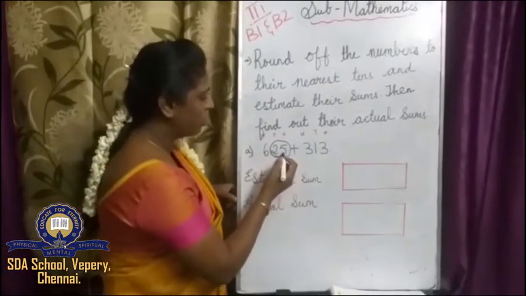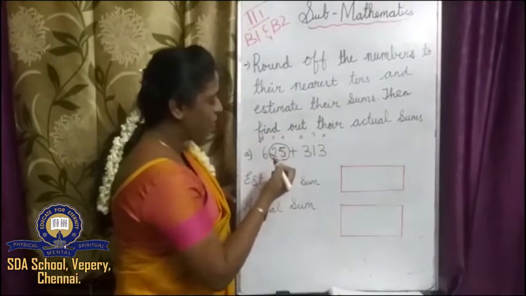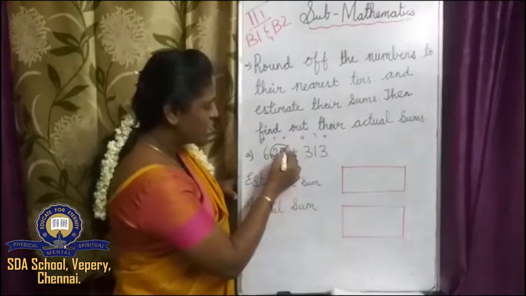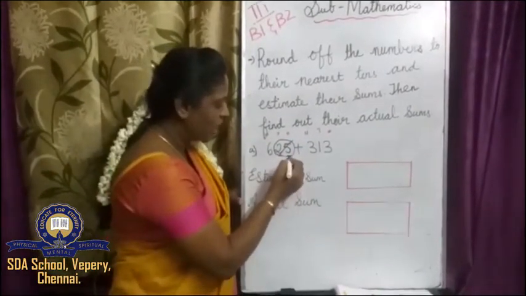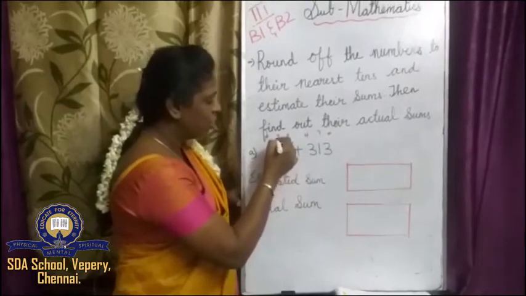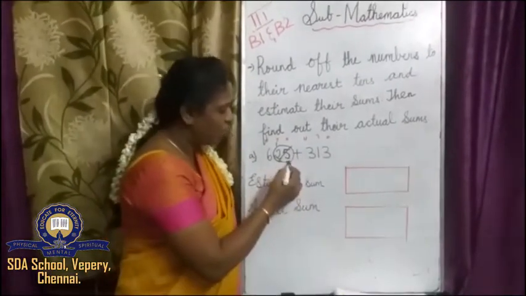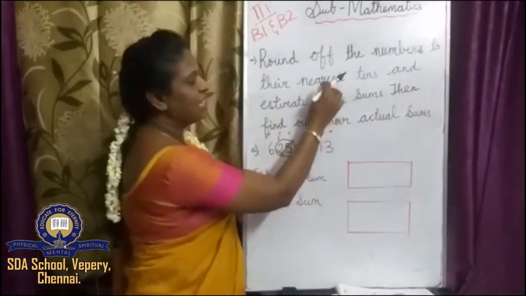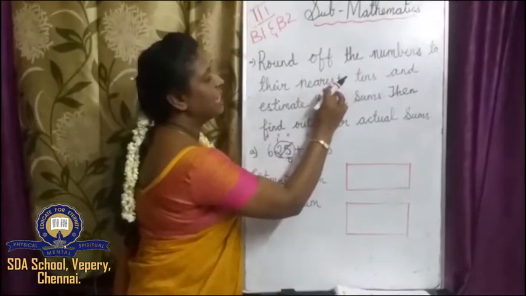Now what you have to do is see the ones place. So in ones place you put what? 0 and in tens place you add 1. Understood, children? In ones place you put 0 because they are asking you to find the nearest tens.